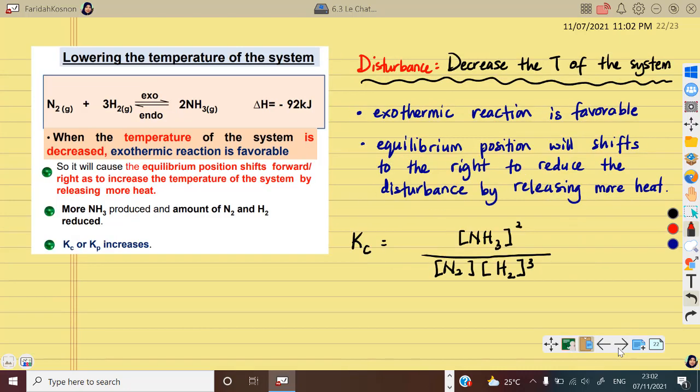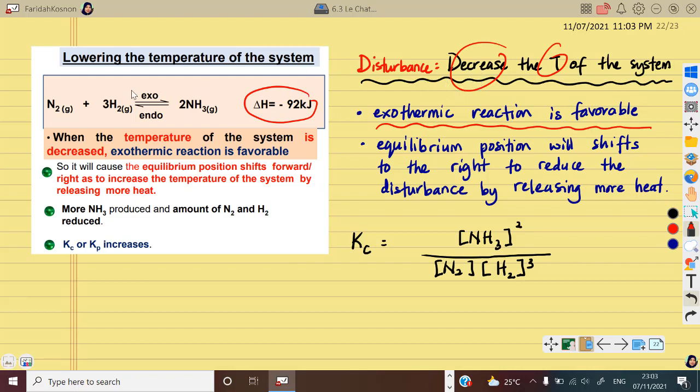Next. Lowering the temperature for this case. Maksudnya kalau disturbance itu adalah decrease the temperature, dia must to counteract the disturbance, exothermic reaction is favourable. So, kalau delta H itu negatif, it shows that forward reaction is exothermic. Jadi, gangguan kita terhadap sistem adalah temperature is lowered.